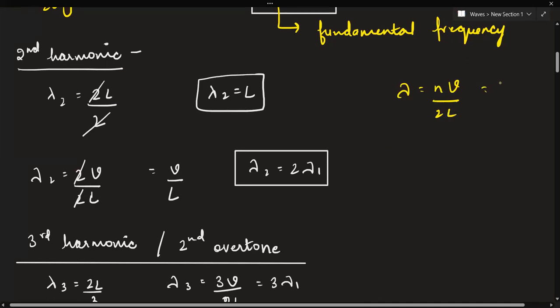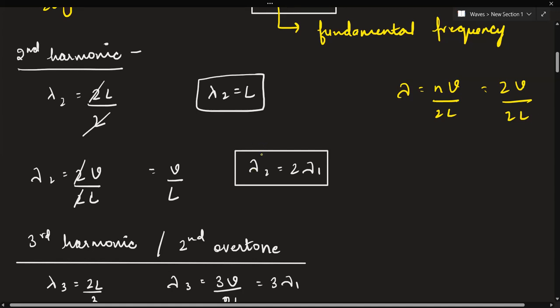If I put n equals to 2, this will be 2v divided by 2l. So 2 will get cancelled, v divided by l will be left. So the second frequency will be 2 times the first frequency, twice the fundamental frequency. The second harmonic is basically twice the fundamental frequency.